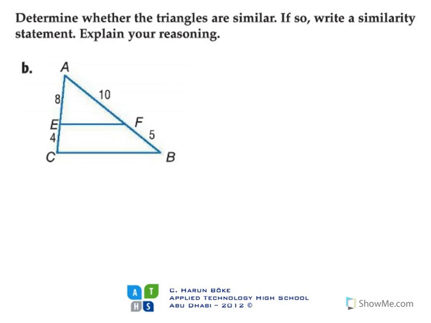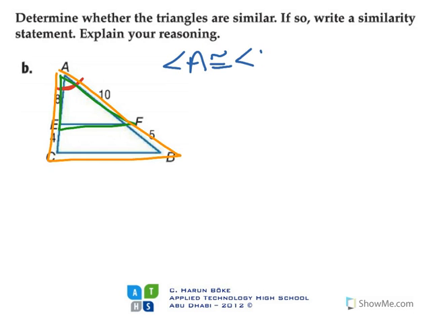Here, the angle A is common for both the triangle AEF and the triangle ACB. So we can write that the angle A is congruent to the angle A. So here is our set of congruent angles.